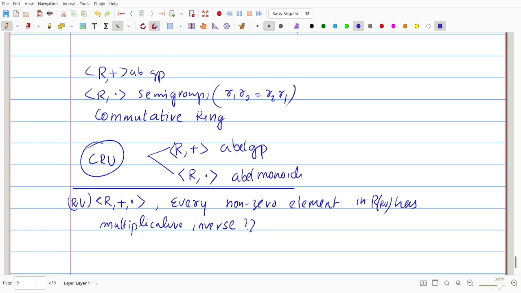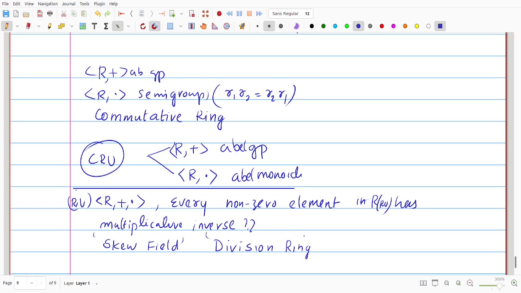If we answer this question positively, then such a ring is called a skew field or division ring. So what is the definition of division ring or skew field? Okay.